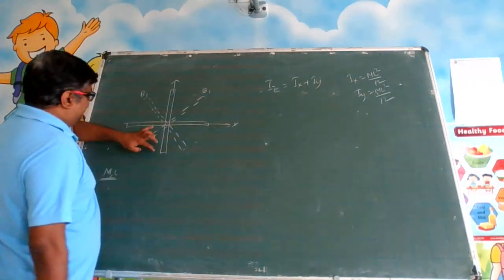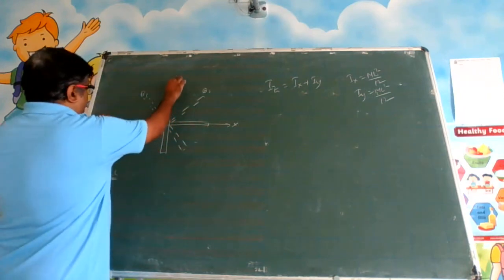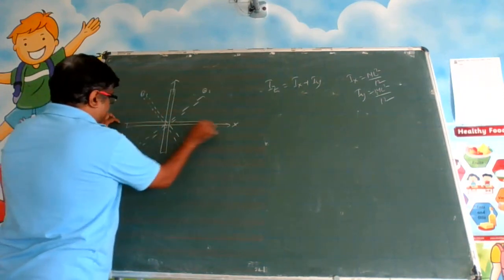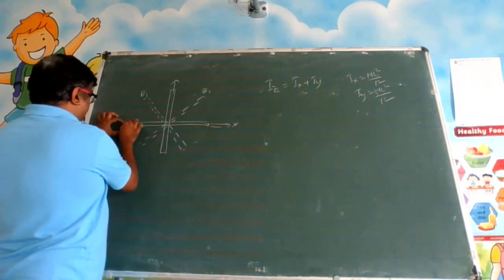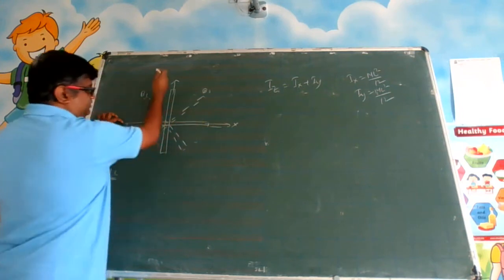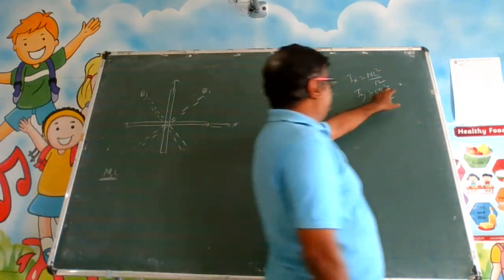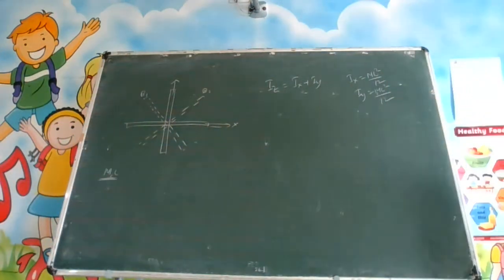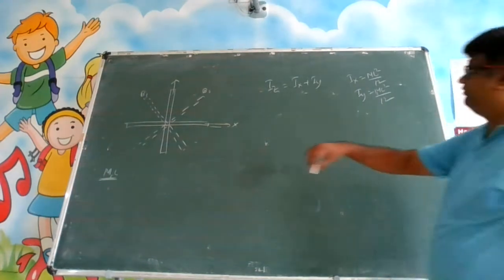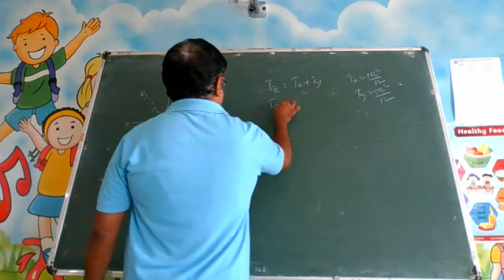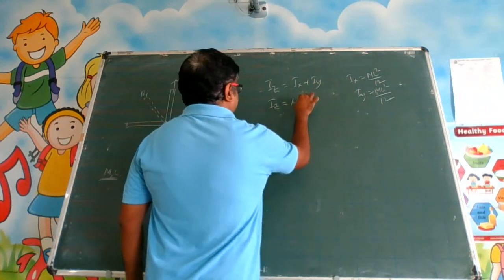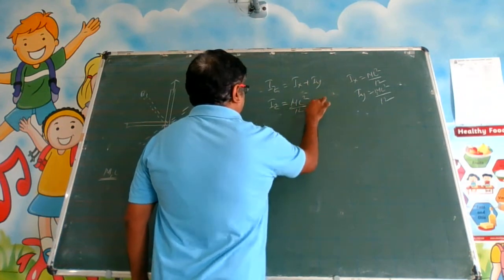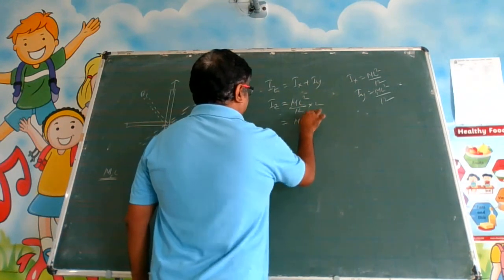If you take this particular rod, it is rotating about this. If you take this rod, it is rotating about this. So the value is ml square by 12 in both cases. They are absolutely the same. So what is the value of Iz? Iz is ml square by 12 into 2. It is ml square by 6.